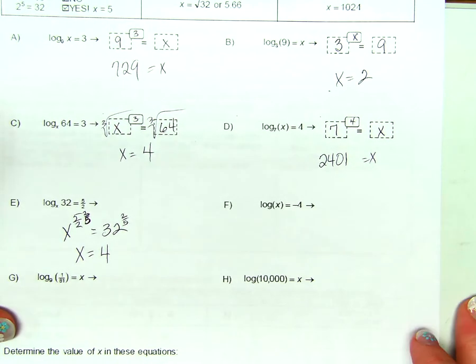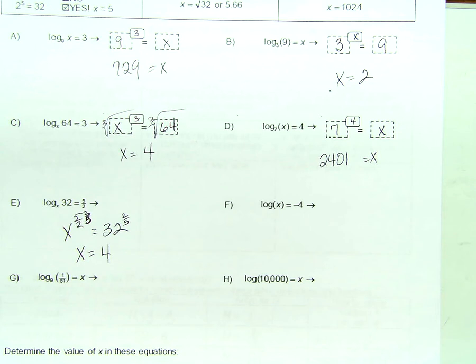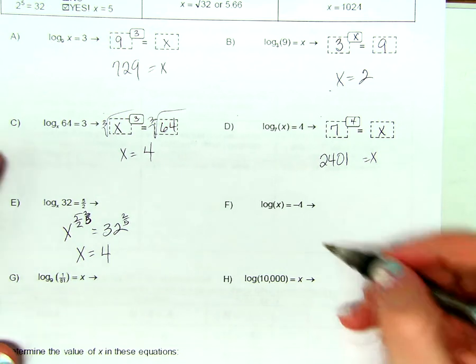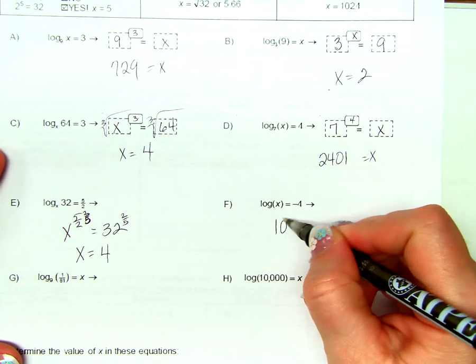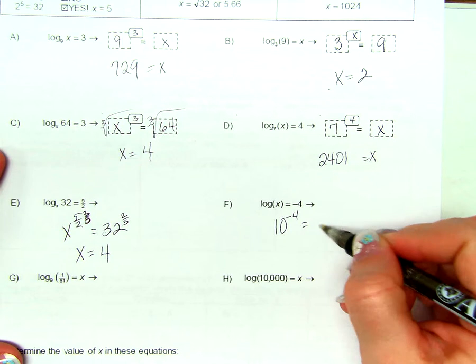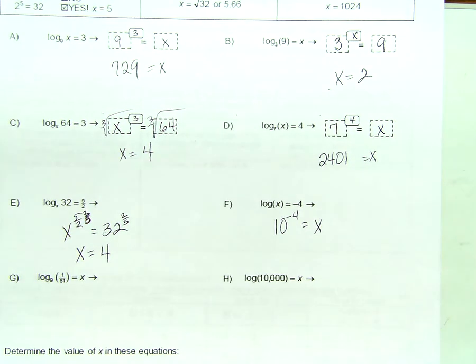What about F? Oh no, we panic because there's no base. Oh, it's 10. Okay, I should not panic then. What is 10 to the negative 4th? Oh my gosh, I wish we'd had a foldable that we could look up something about negative exponents.